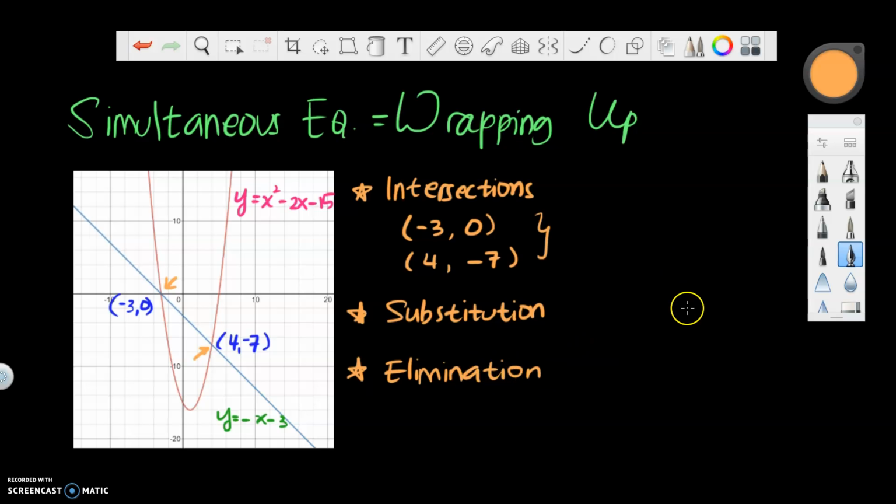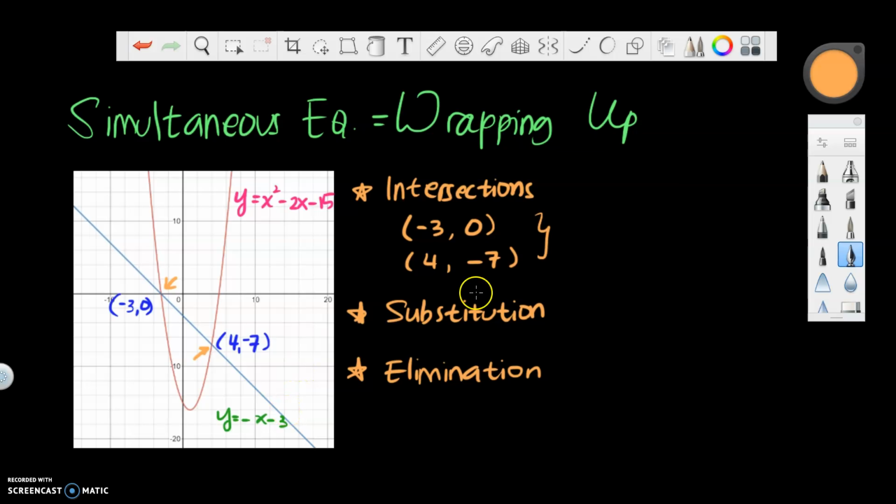So basically you can use these two methods whenever you want to find a solution for simultaneous equations, right? You can use substitution when the degree of the simultaneous equations you have isn't equal.